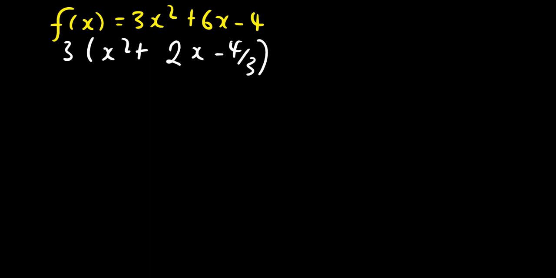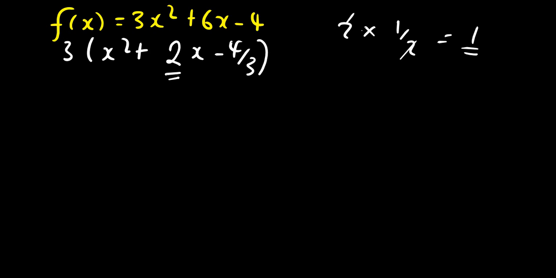Now what are we going to have? We get the coefficient of x and we find its half. So 2 multiplied by half, the 2 and 2 just divide, you just have 1. Then you square this one.